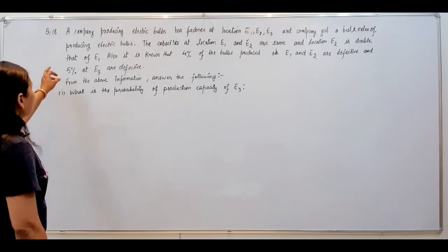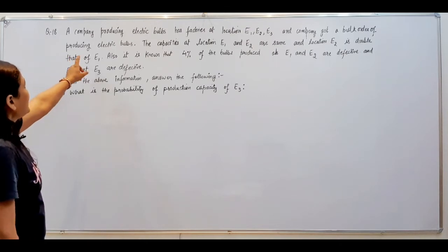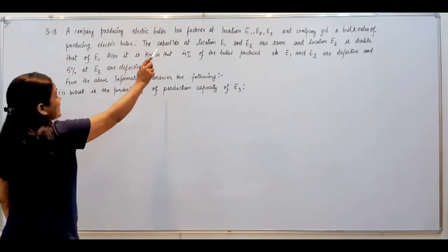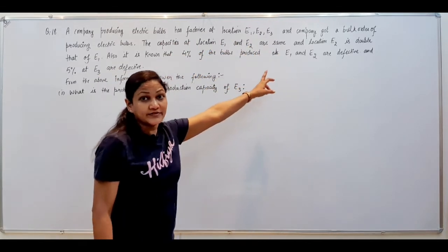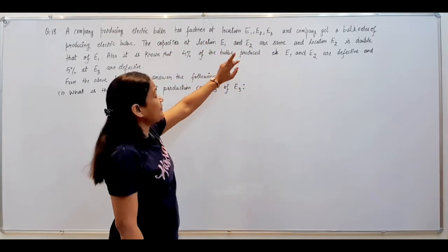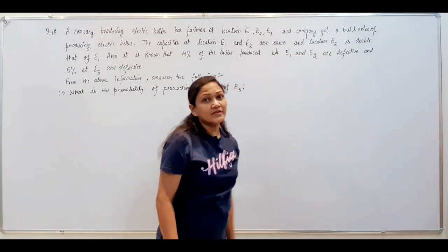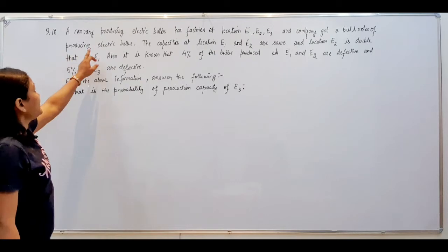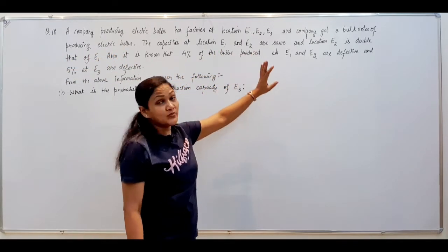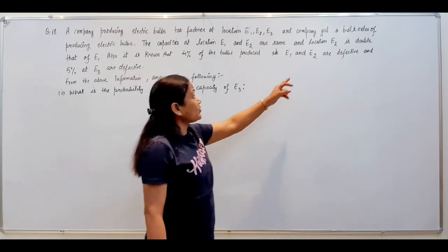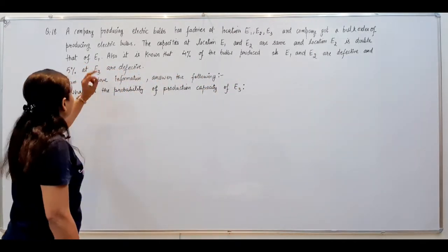Now your 18th question is again a case study, and in this case study a company that produces electric bulbs has factories at locations E1, E2, E3. These three locations have factories and produce electric bulbs, and the company got a bulk order of producing electric bulbs. Now the capacities at locations E1 and E3 are the same, but at location E2 it is double that of E1.